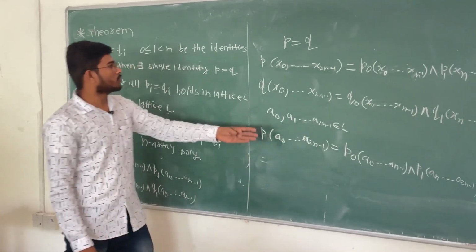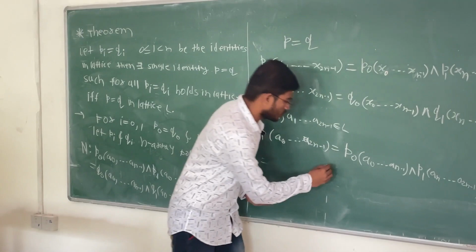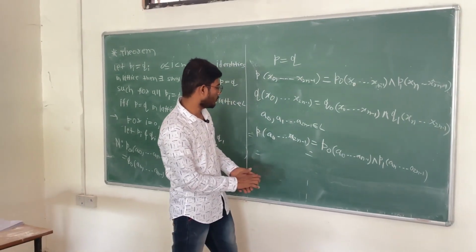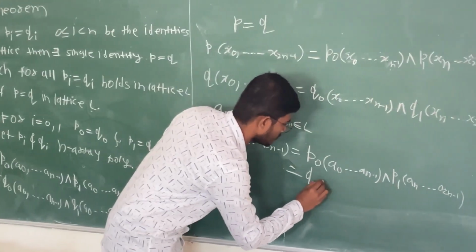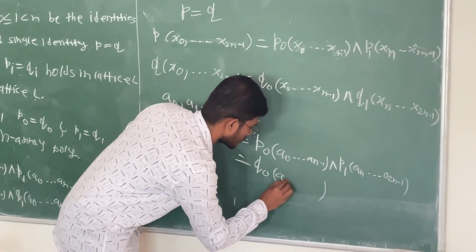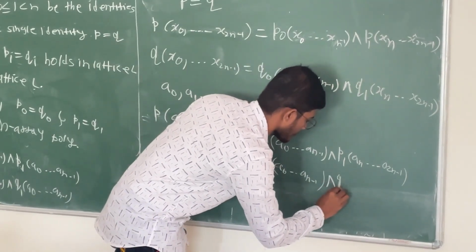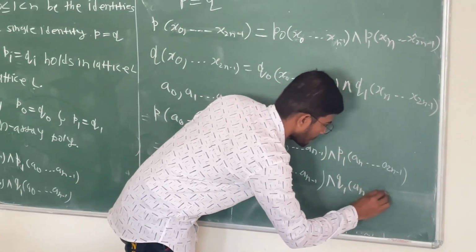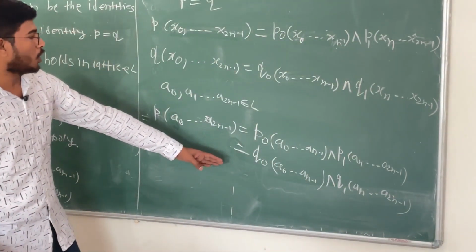But what we know is that P0 is equal to Q0 and P1 is equal to Q1. So here we can write Q0 of this. But what is our polynomial?